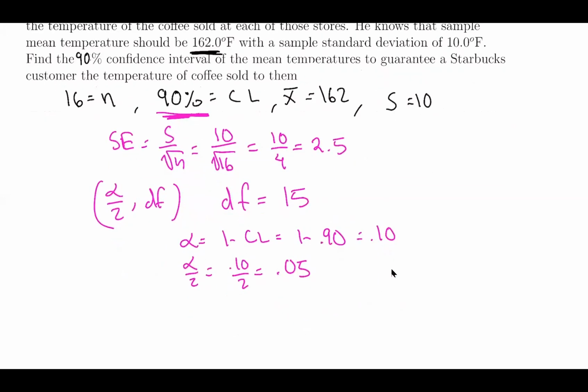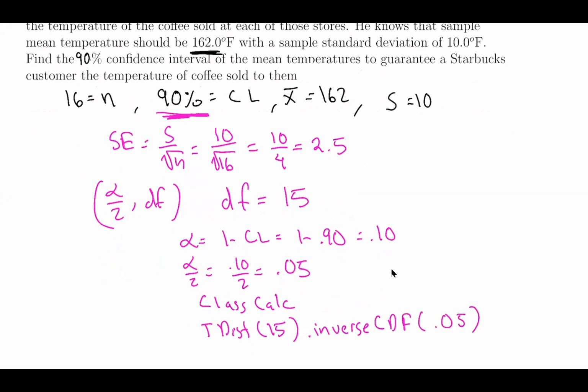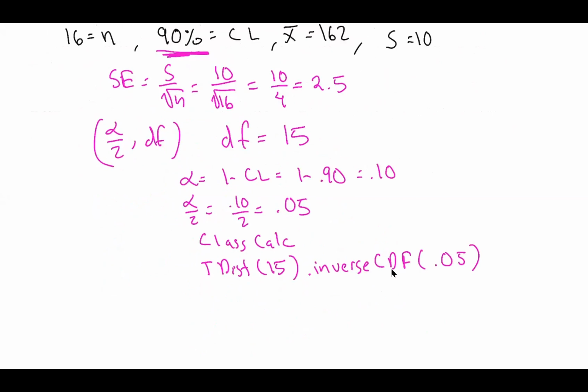No, it's good. All right, so now you have to go over to ClassCalc and do these calculations. For ClassCalc, you're going to do t distribution, and say we have a degree of freedom of 15, and then you do inverse CDF and put 0.05. So right here you put degrees of freedom, and right here you put alpha divided by 2.